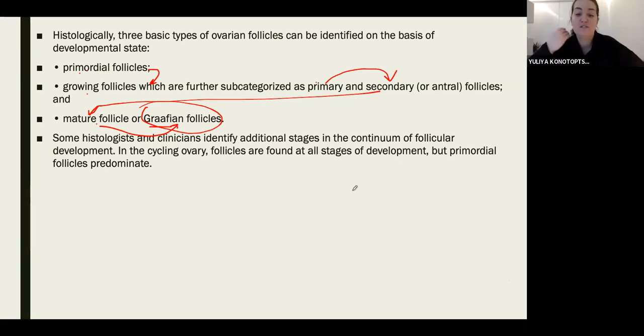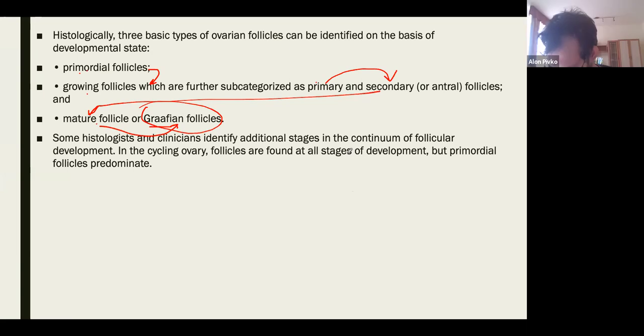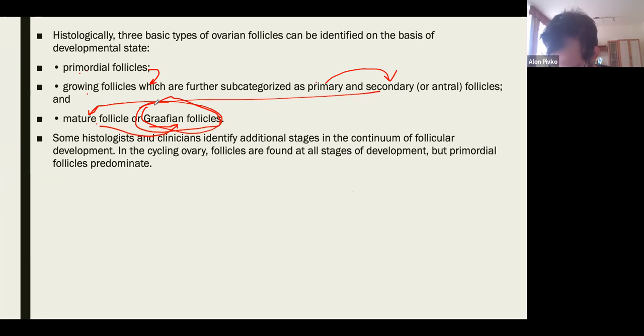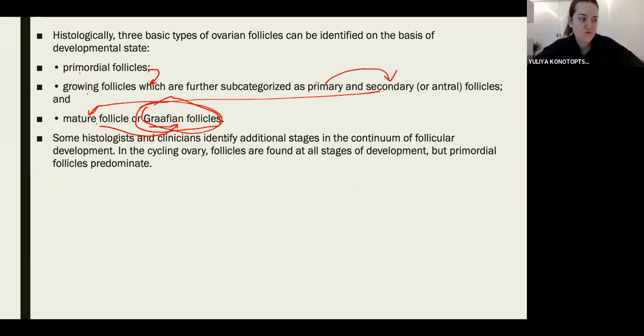The more FSH comes in, the more I am growing up. So you remember how many do we choose every month? 15 to 20. But how many of them will reach the final Graafian follicle stage? Only one. So how do we establish that only one of them reaches Graafian follicle?